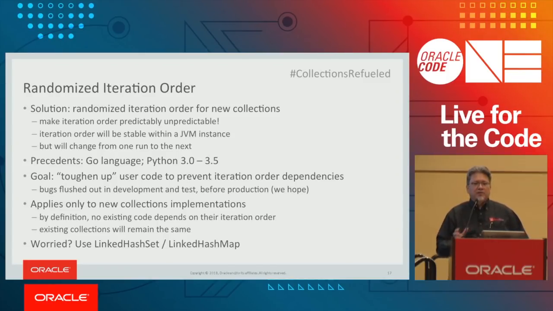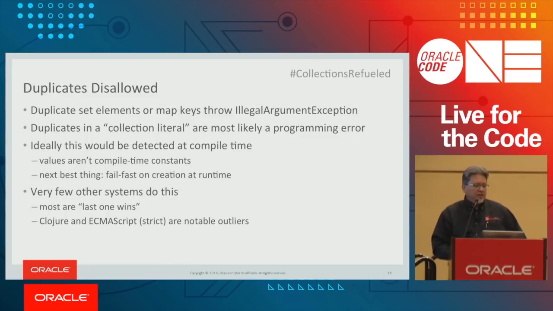Again, I want to stress this only applies to the new collections implementations for set and map. It doesn't apply to list. It doesn't apply to existing map implementations like hash map. Okay, duplicates are disallowed. Again, only for set and map. For list, of course, you can have duplicates in it. The idea is that this is an API that is sort of like collection literals.